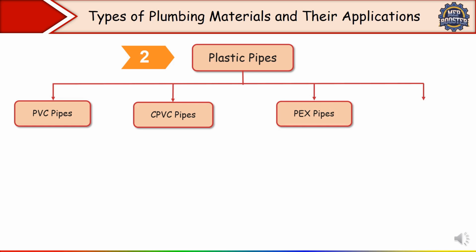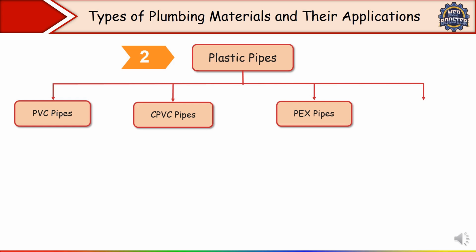Now the next type of plastic pipe is PEX pipes, meaning cross-linked polyethylene. This type of pipe is normally used in water supply systems, especially for hot and cold potable water. This pipe is highly flexible and can be bent around corners without fittings, and it has excellent resistance to high temperature.